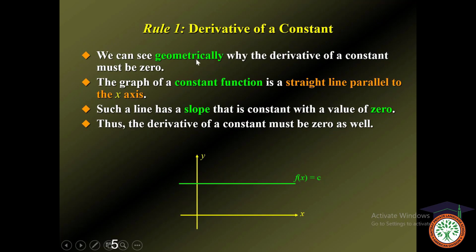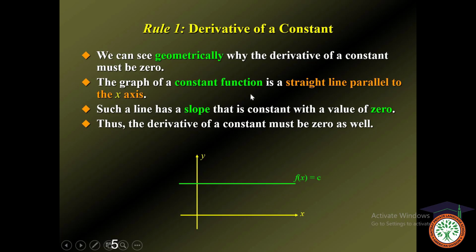Here, we explain why the derivative of a constant is 0. Because graphically, the constant function is a straight line parallel to the x-axis. And any horizontal straight line parallel to the x-axis has slope 0.